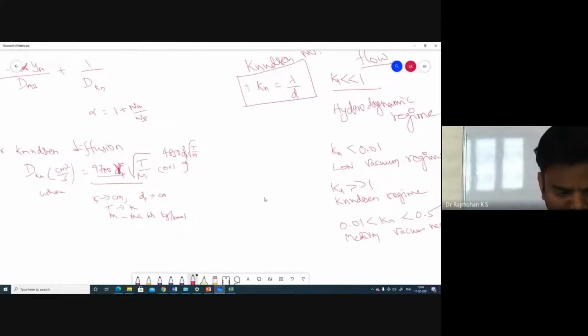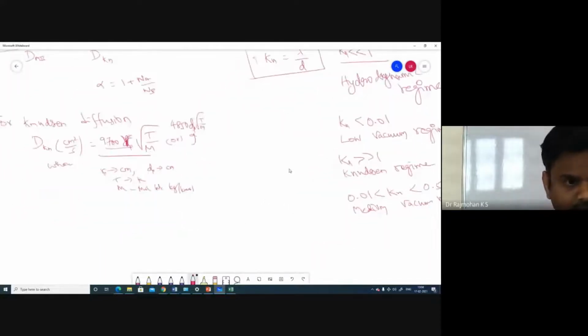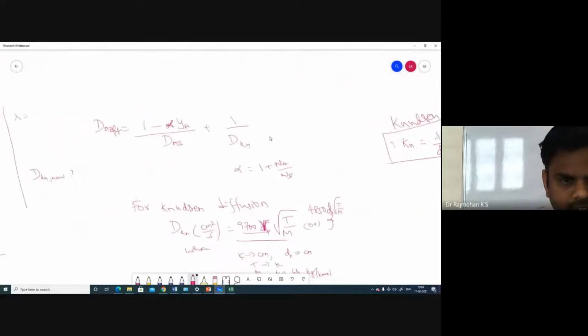Yes, I wrote that. DA effective is given by 1 minus alpha YA by DAB plus 1 by DKN, where alpha is equal to 1 plus NA by NB, where NA is the flux of A and NB is the flux of B. So this you should know.